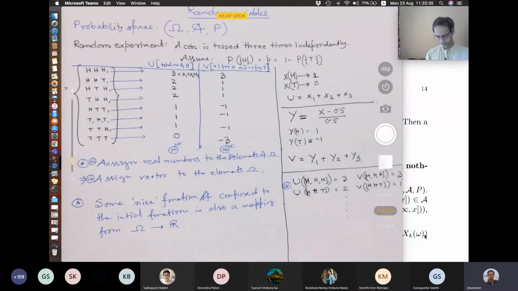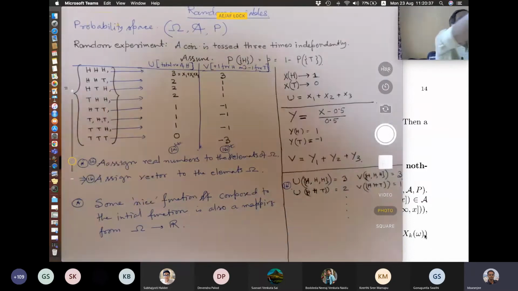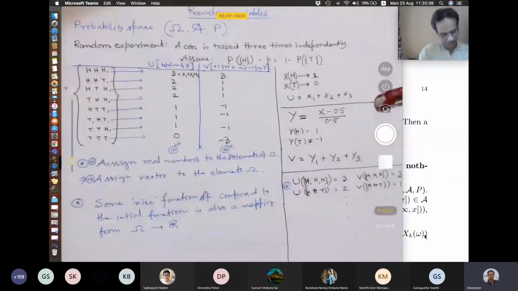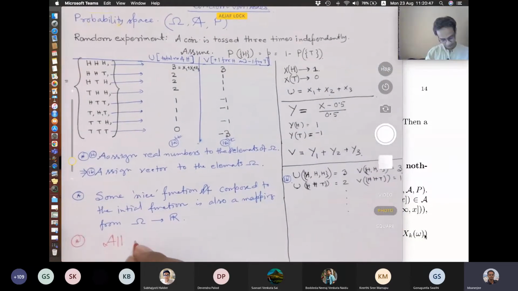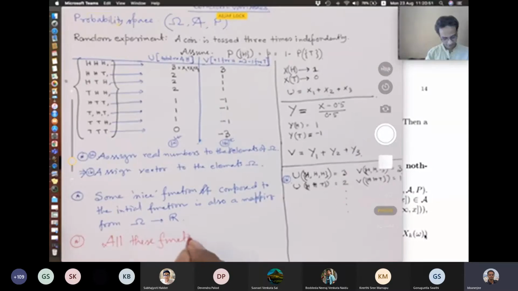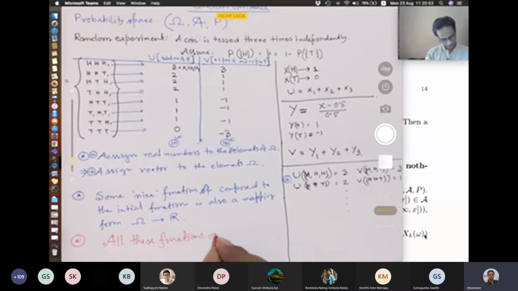And the most important thing, what people often neglect here, is that all these functions are deterministic.